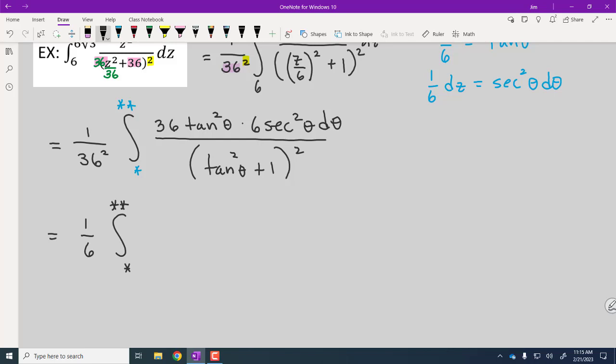And we're going to have tan squared, secant squared, d theta, and down below we have secant squared squared, which is secant to the 4th. So let's simplify that. We'll get 1/6, and we get tan squared over secant squared.